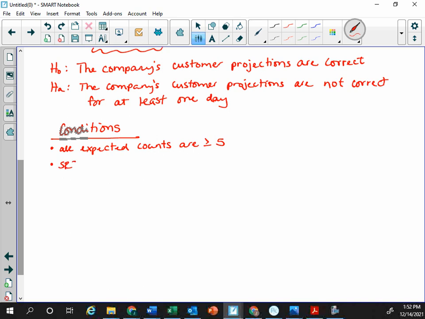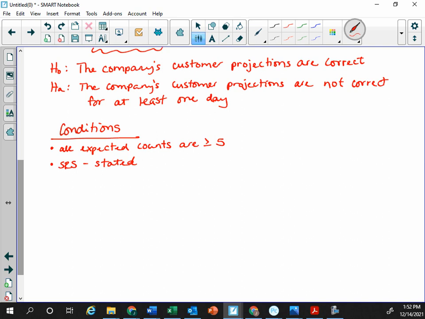What do you think? Was it a simple random sample? Yeah, and it was stated, right? They said they randomly picked a week, so we'll go with that. Stated. Okay. That's happier than conditions for like the 2 sample hypothesis testing, right? Easier.